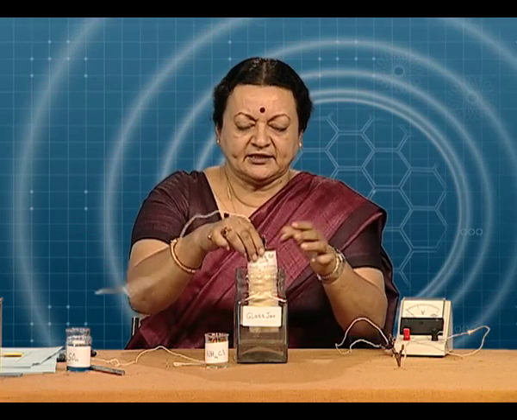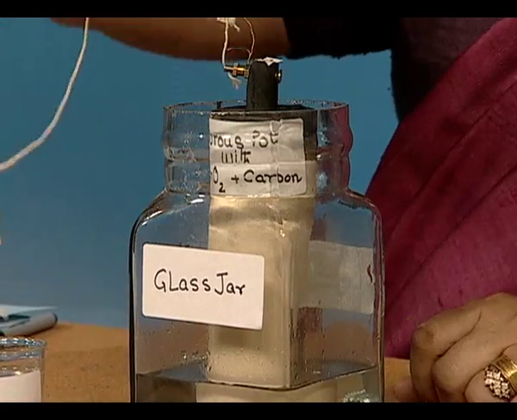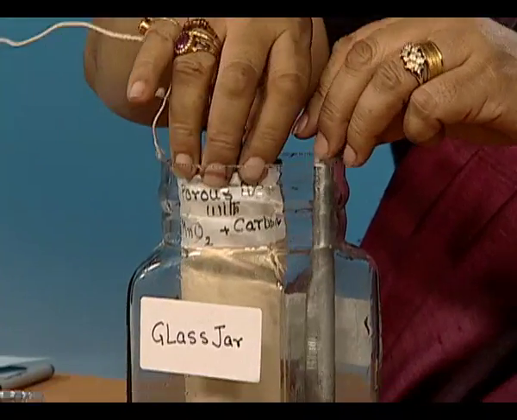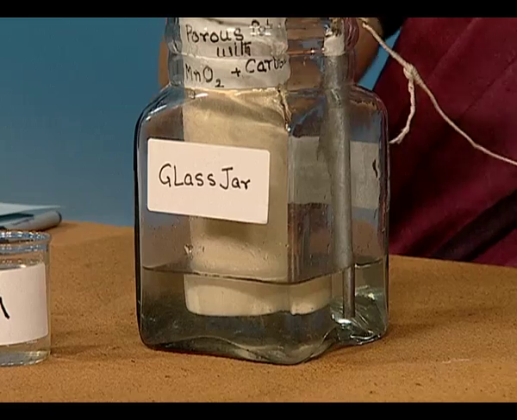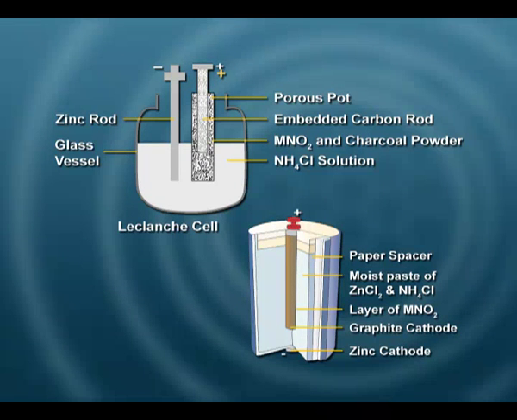This is placed inside the ammonium chloride. There is a zinc rod which is placed on the outside of the porous pot like this, and this becomes a cell, and this cell is called a Leclanche cell, and we will measure its potential difference.